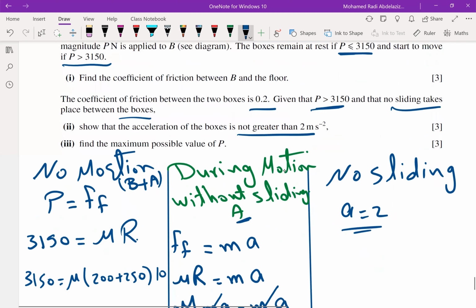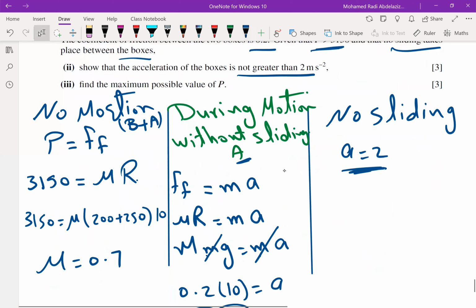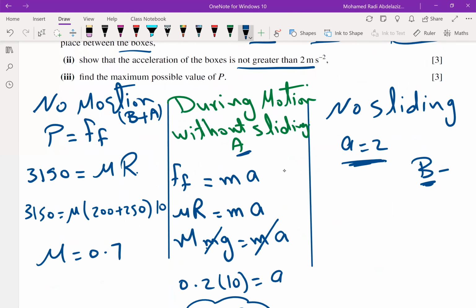So I will use the maximum value of acceleration and go back to particle B. Don't forget to take the mass of A together with it. If we apply Newton's second law, P minus the frictional force is equal to ma. To get the maximum value of P, use the maximum acceleration found in the previous part.